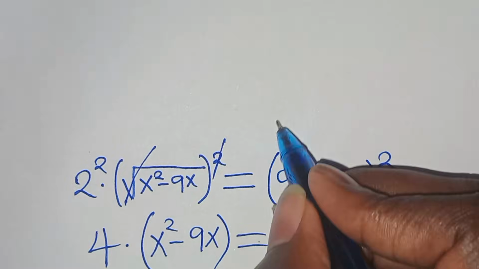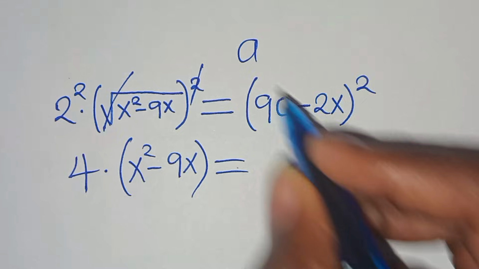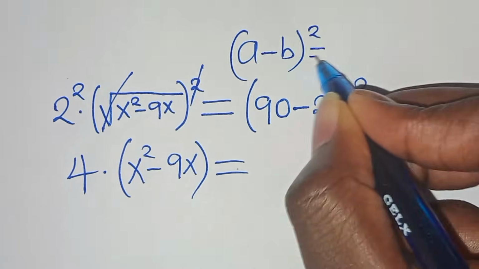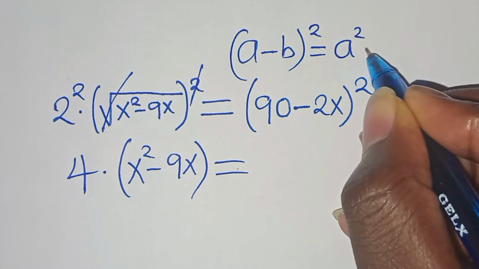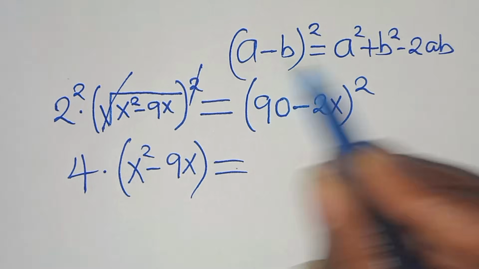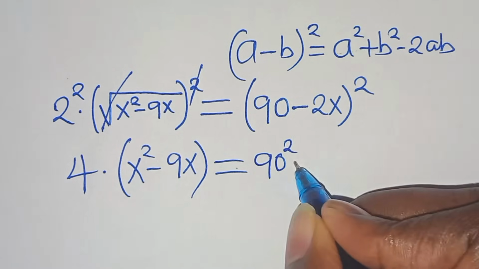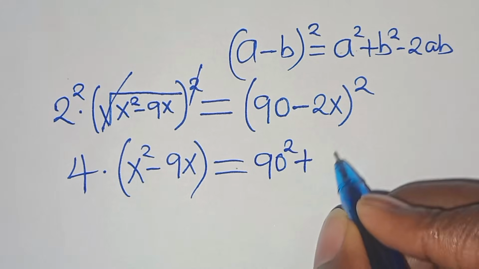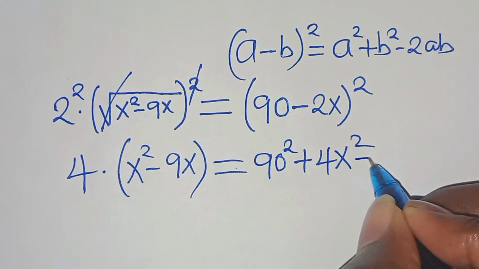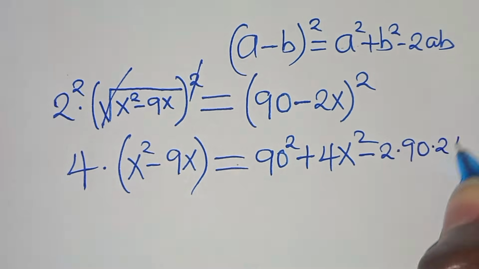Now, 90 minus 2x to the power of 2 is in the form of (a minus b) raised to the power of 2, which we can express as a squared plus b squared, subtract 2ab. Applying this identity, we have 90 squared plus 4x squared, then minus 2 multiplied by 90 multiplied by 2x.